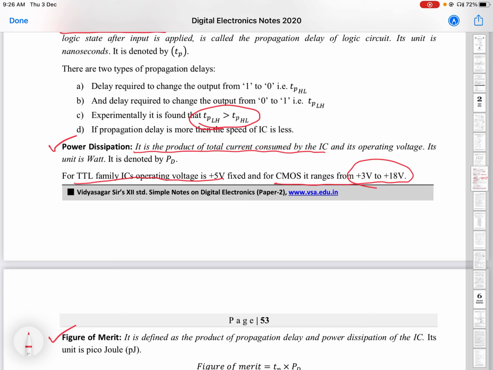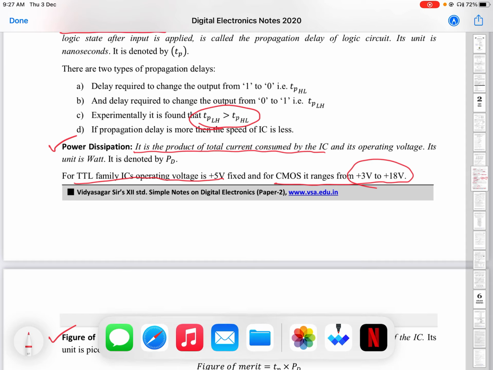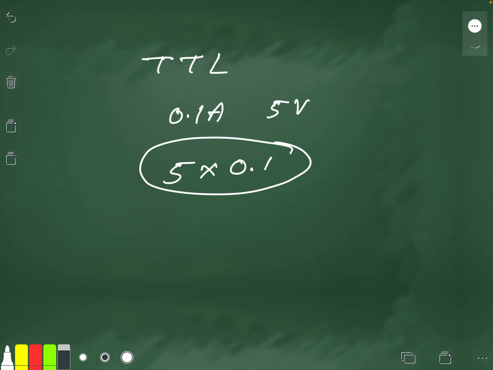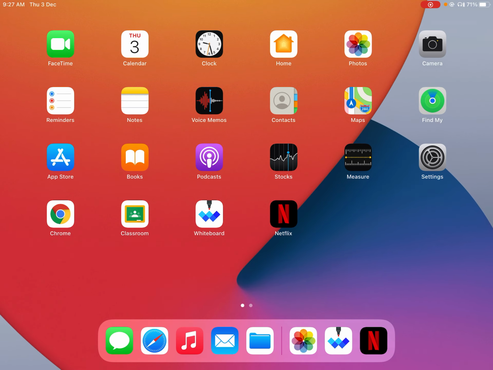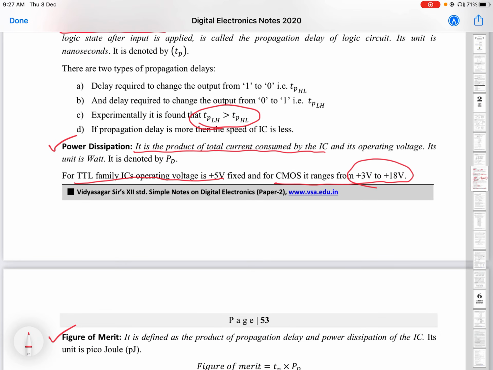For example, suppose the digital IC, particularly the TTL IC, is taking a current of say 0.1 ampere, and its operating voltage is 5 volt, then the power dissipation is simply 5 into 0.1. This value will of course be in watt. In that way we can obtain the power dissipation of any digital IC.